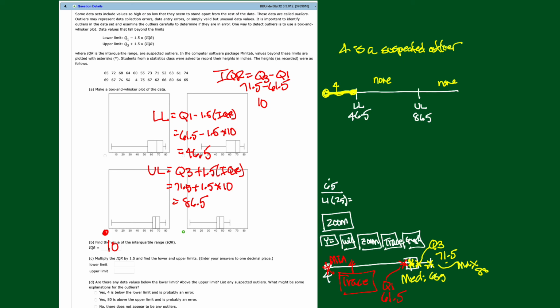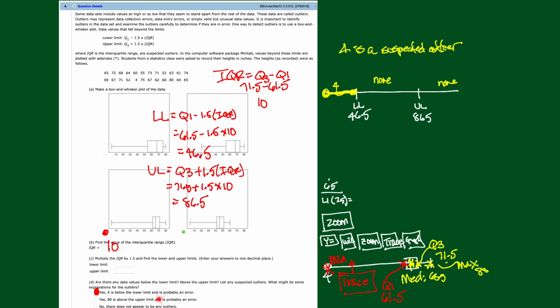So what's the question here? The question says, down here at the bottom, are there any data values below the lower limit or above the upper limit? What do we have? Yes, 4 is below the lower limit and probably an error. So I'm going to select that one. What about the next ones? Maybe there's another one. Is 80 above?